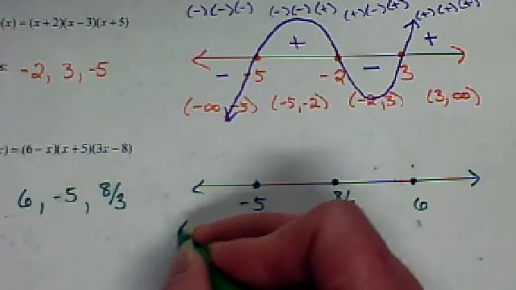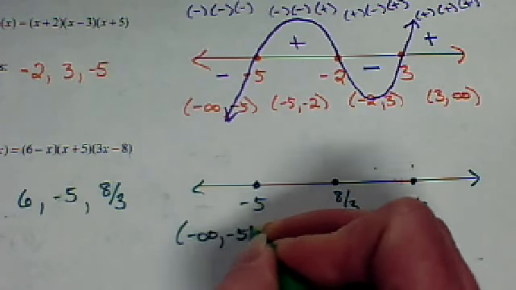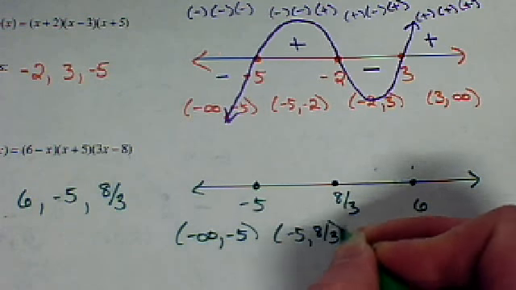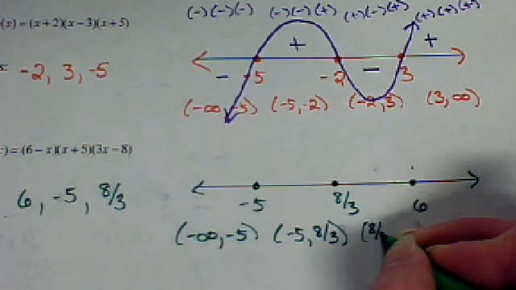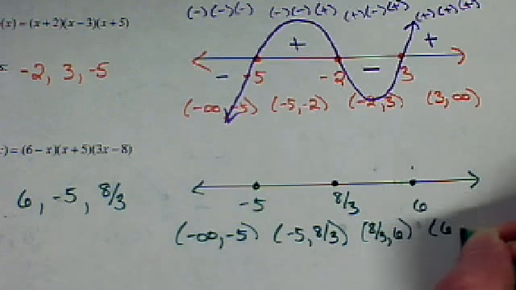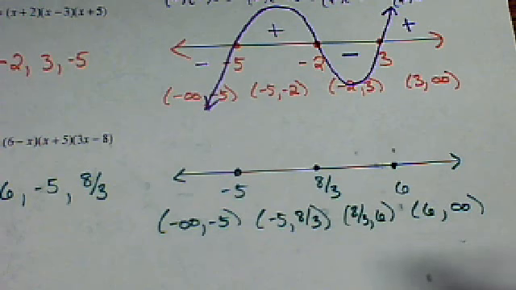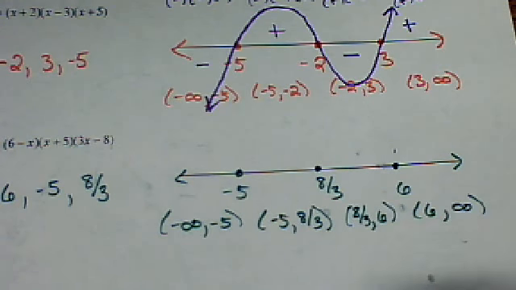The first interval is negative infinity to negative 5. The next one is negative 5 to 8/3. 8/3 to 6, and 6 to infinity. In each of these intervals, I need to plug in a point so that I can test my signs of my answers.